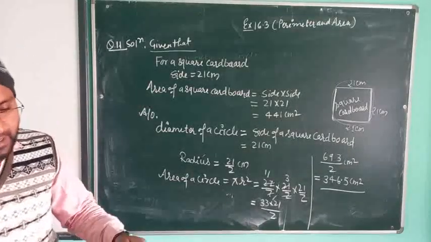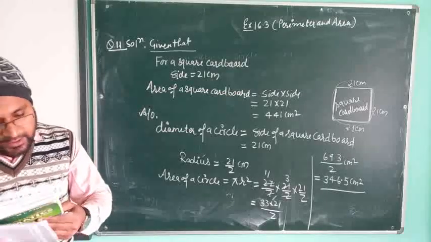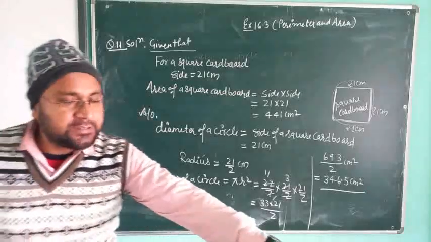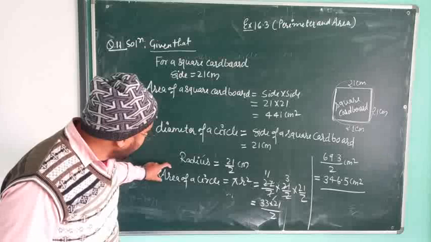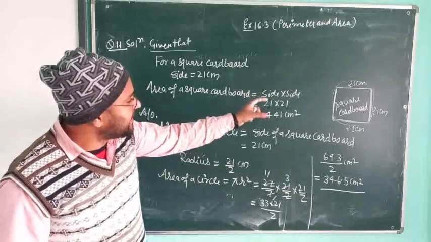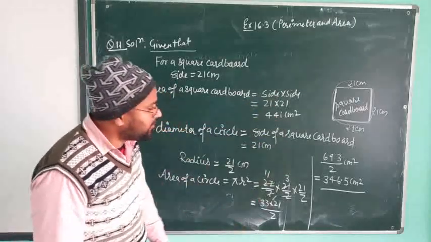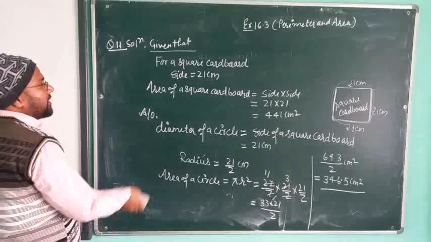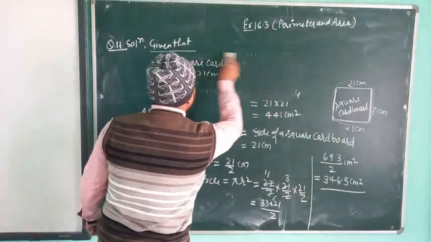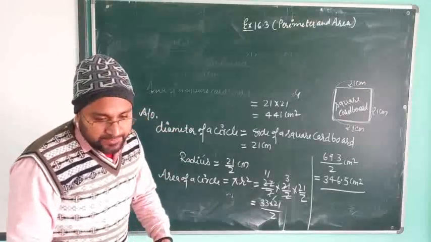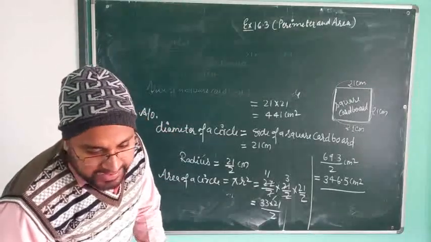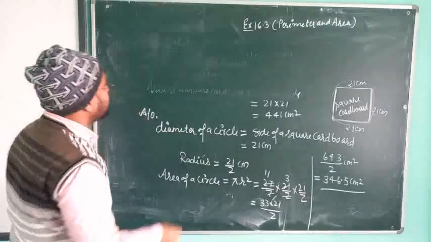Okay. Now I am going to find out the area which is left in this cardboard. Area of the circle which is taken out of this cardboard is 346.5 centimeter square. I am going to erase this one. So what area is left in this one? Find the area of the cardboard left.